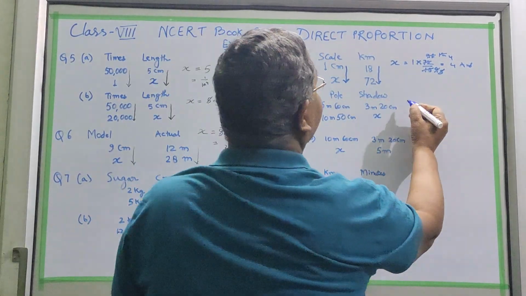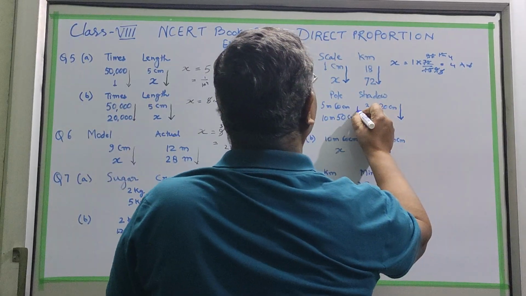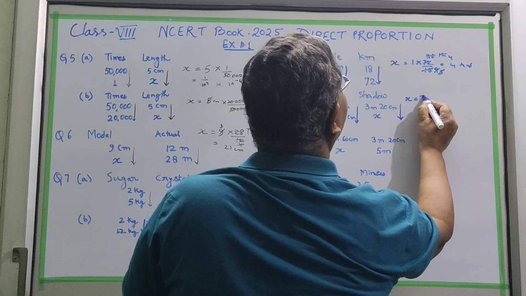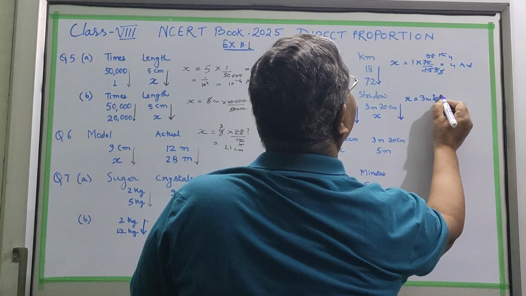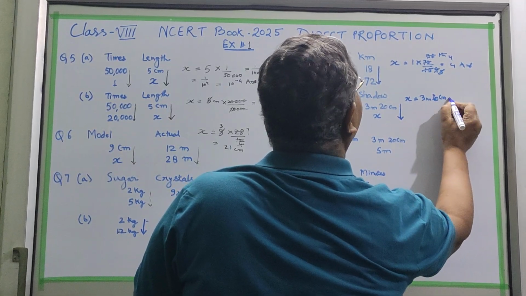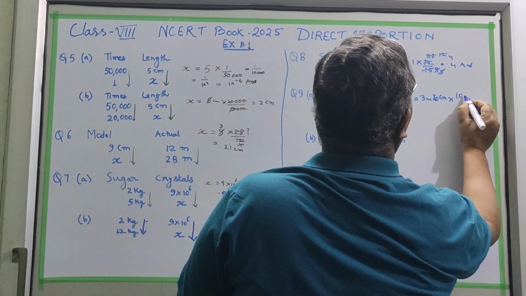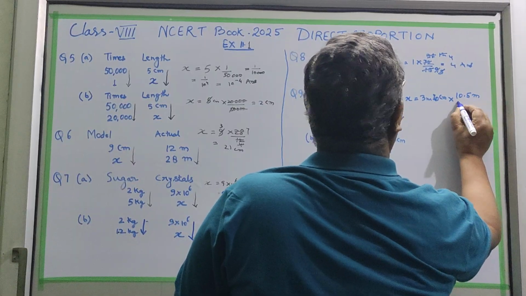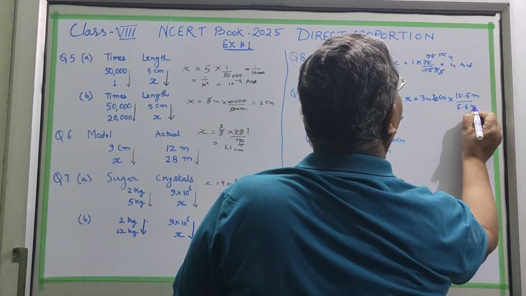So first part we will solve. First part, the arrow is here. It is a direct proportion question. So here also the arrow will be like this. So here x is equal to 3.20 cm into 10 meter 50 centimeter. 10 meter 50 centimeter we can write like this, 10.5 meter upon 5.6 meter.